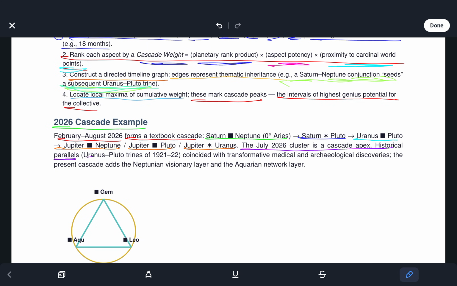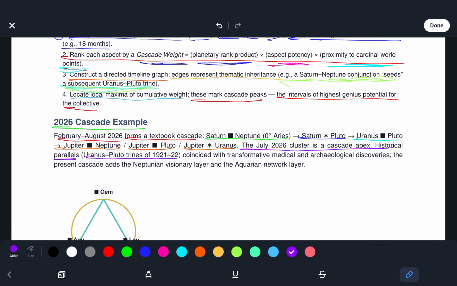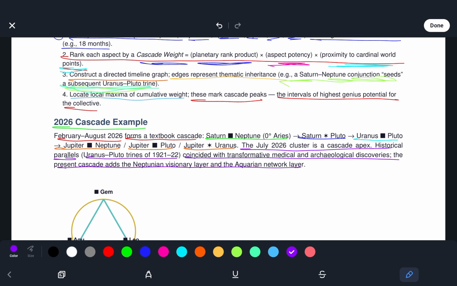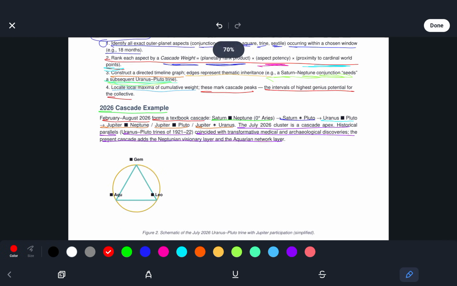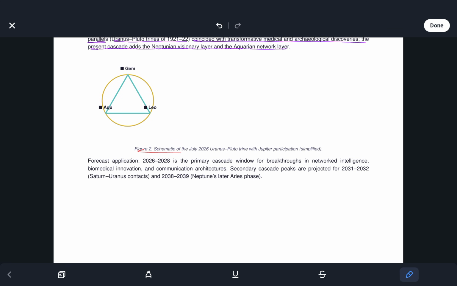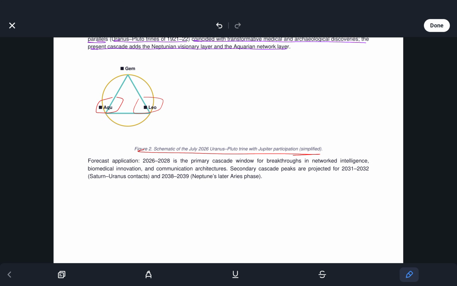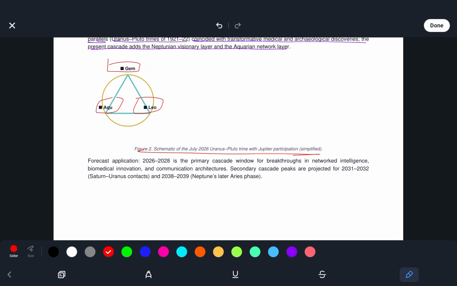Historical parallels: Uranus-Pluto trines of 1921 through 22 coincided with transformative medical and archaeological discoveries. The present cascade has a Neptunian visionary layer and the Aquarian network layer. So here's a schematic of the July 2026 Uranus-Pluto trine with Jupiter participation, simplified. We see Aquarius on the left, Leo on the right, and Gemini on the top.